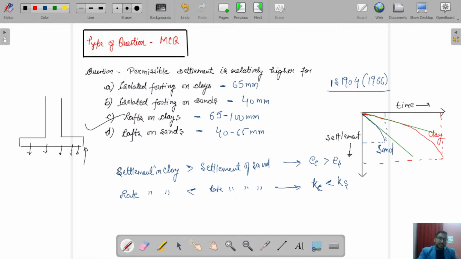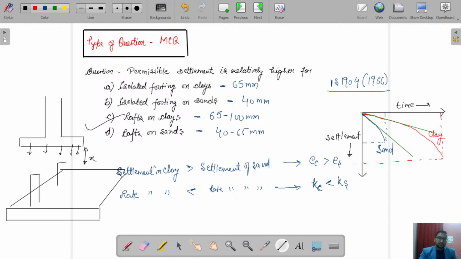Suppose it settles by X amount. Now the second case is our raft. Right? This is our raft foundation.